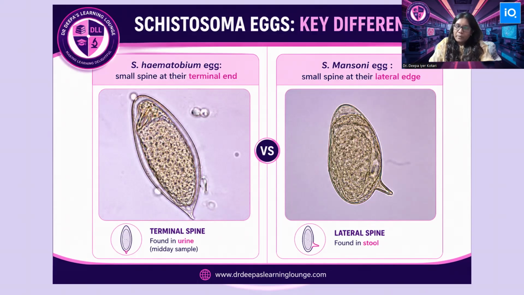Unlike Schistosoma haematobium, where the patient presents with dysuria, this one presents with abdominal pain, chronic diarrhea, and stool with blood spots, and the eggs might get trapped in the liver to produce granulomatous inflammation. They are also prominent in producing periportal fibrosis in the liver, and in very chronic cases the patient can have portal hypertension, with hepatosplenomegaly and esophageal varices.